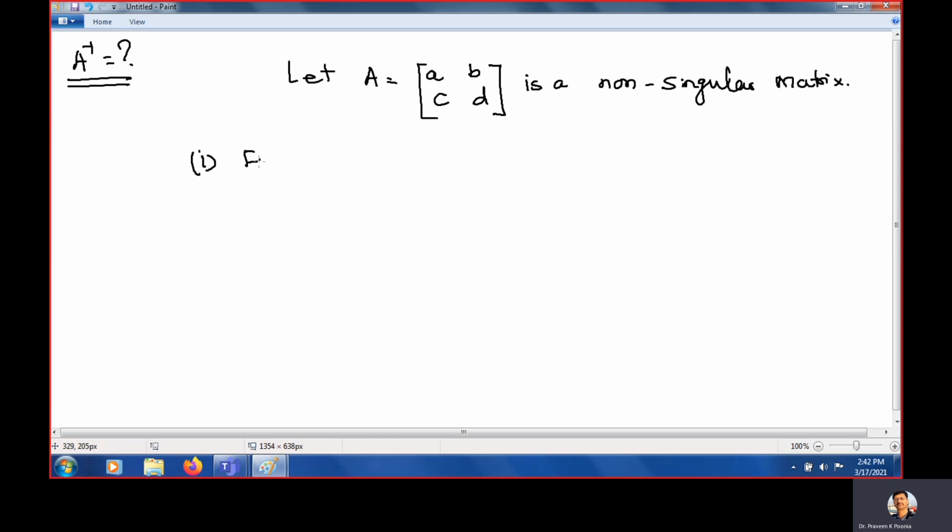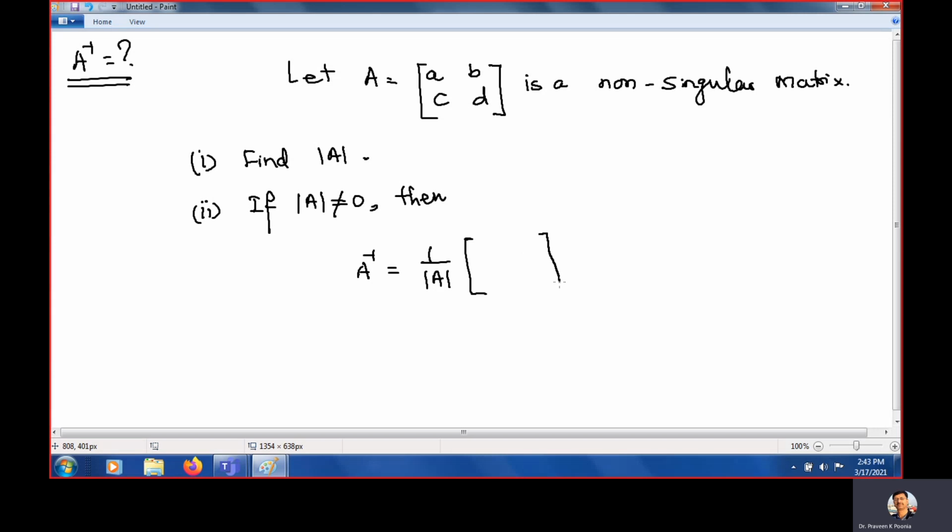Step 1 is to find the determinant of A. Step 2: if the determinant of A is not equal to 0, then A inverse equals 1 upon the determinant of A.